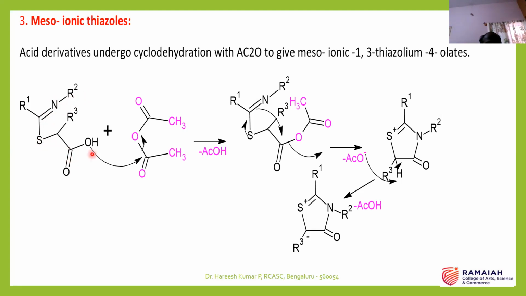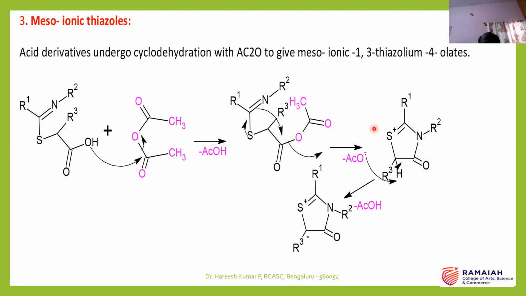As usual, the anion or the lone pair reacts with this acetic anhydride, and this group will go out as a leaving group. There will be a new bond formation between this oxygen and this acetyl group. This is the intermediate obtained. At this moment, the lone pair present on the sulfur can come over here, and this bond pair attacks this carbonyl carbon, and this will go out.